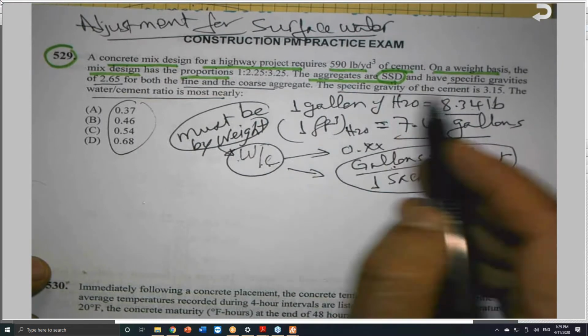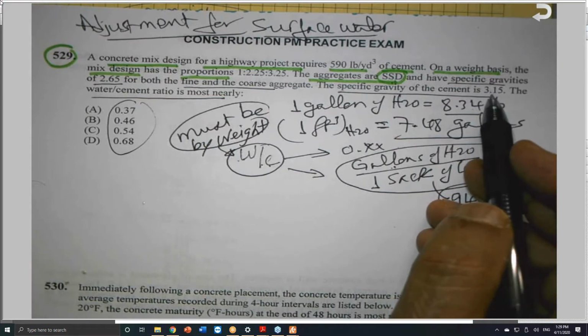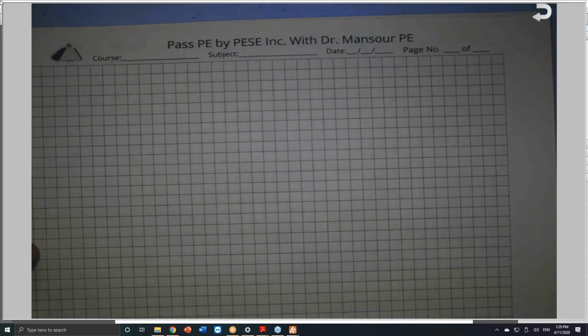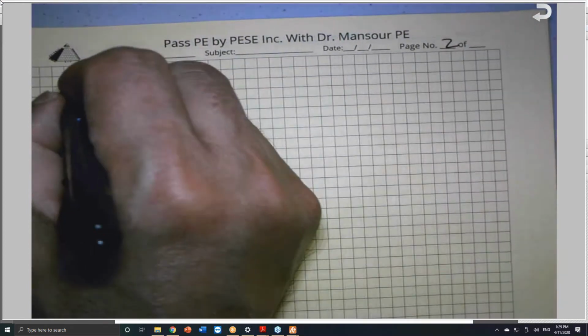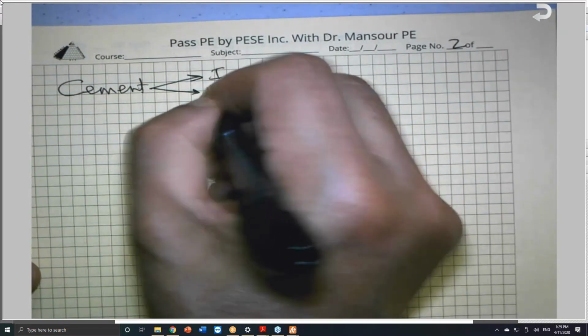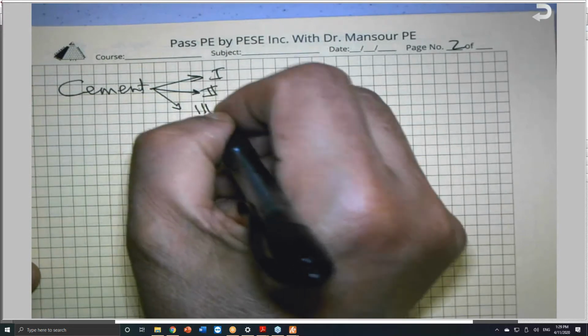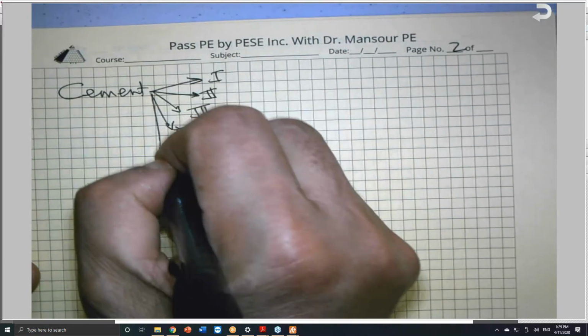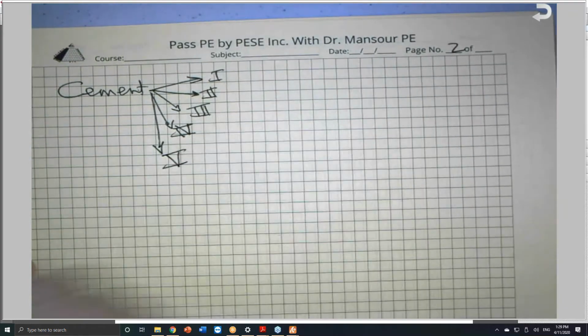He gave you the specific gravity of the cement. As you know, we have 5 types of cement: type 1, type 2, type 3, type 4, and type 5. For these 5 types of cement, we use a specific gravity.